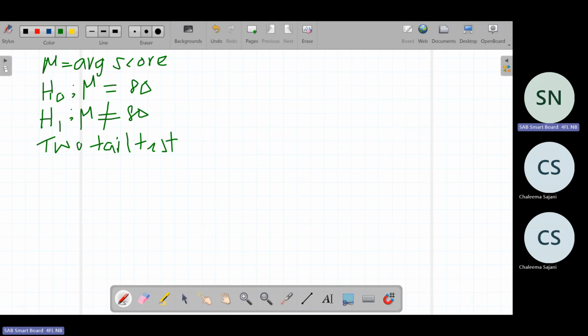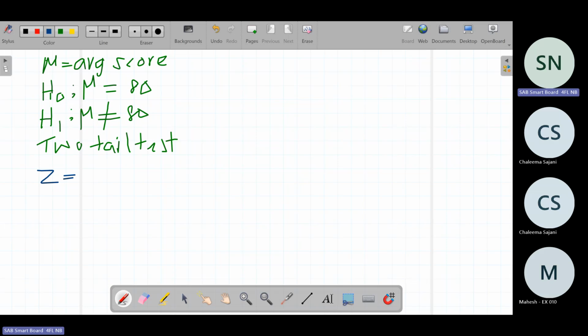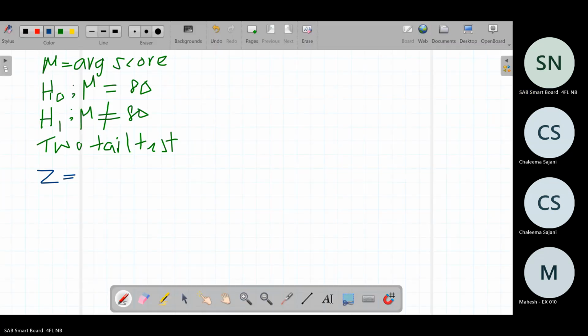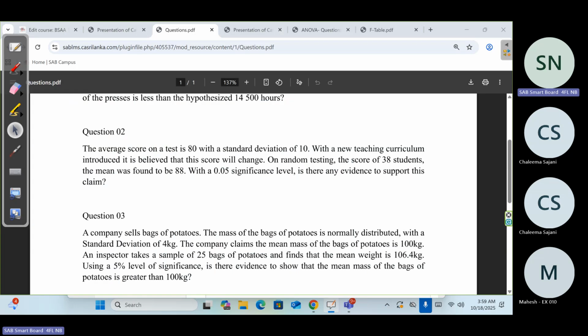Okay, then calculate the Z value. Here, what is the X bar value? They select only 38 students. Their mean value is 88. Then here, 88 minus 80. What is the standard deviation? 10.